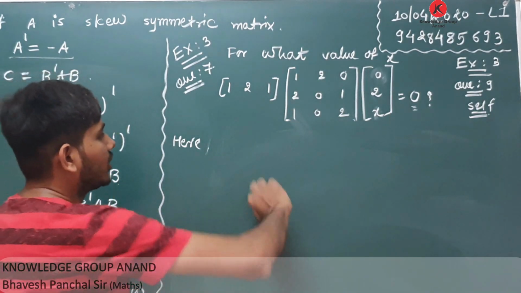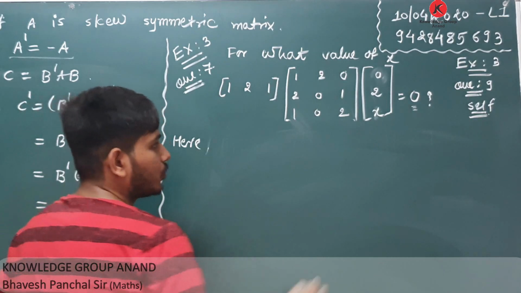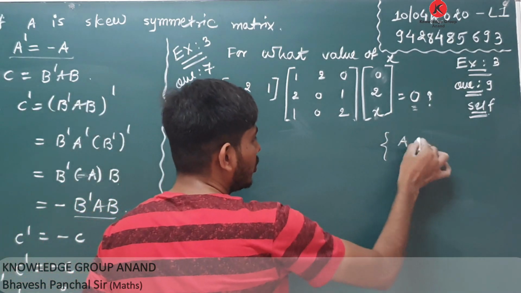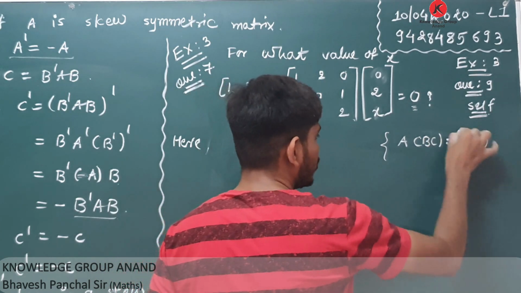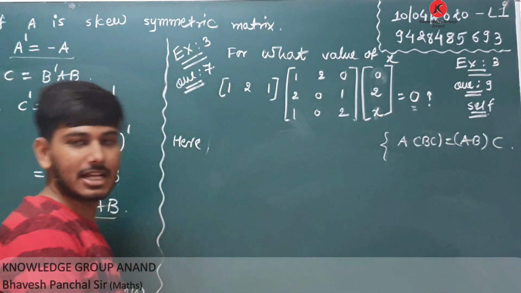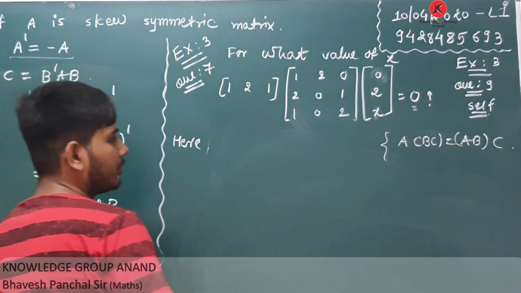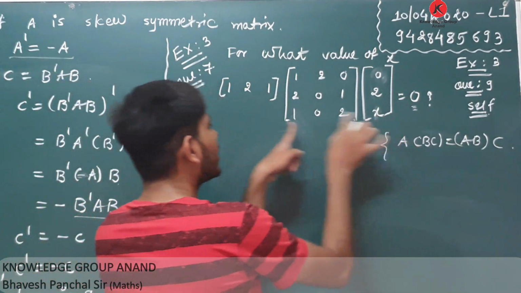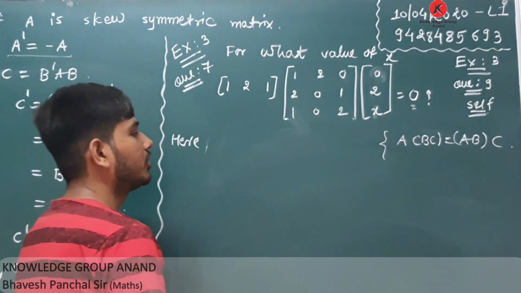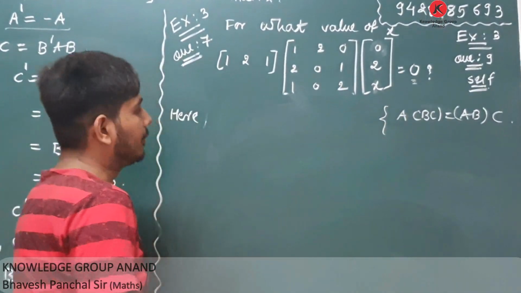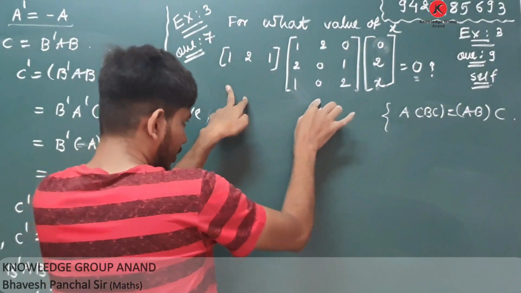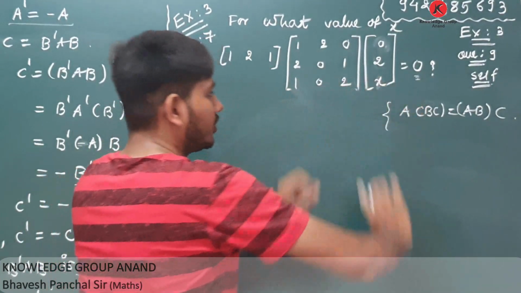For this calculation, we can use the rule A into BC equals AB into C. This is the associative rule. You can multiply these two first, then multiply with this, or multiply these two first and then multiply with this. I am going with this first, the multiplication of these two matrices, then going with this.